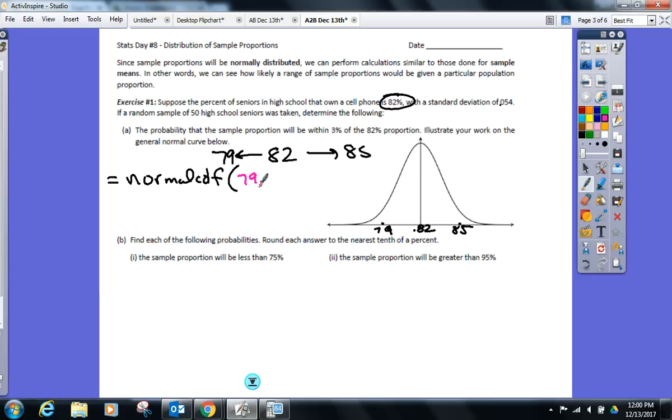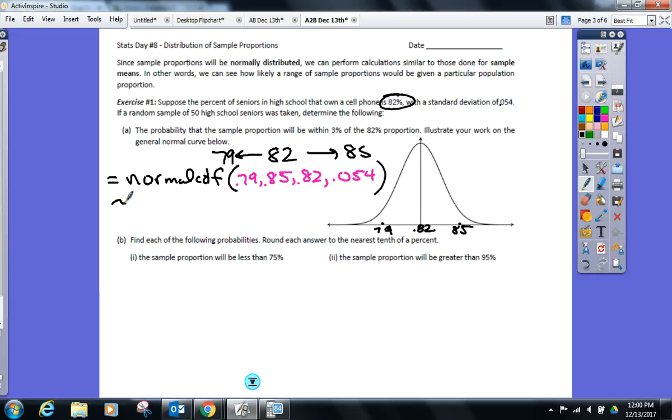79 to the upper of 85. Yep. What's my mean? 82 and a standard deviation. Oh, hold on. Not 79. Remember, we're doing the 0.79, 0.85, 0.82, and then 0.054. Yep. Anytime with those sample proportions, we've got to leave them as a decimal.